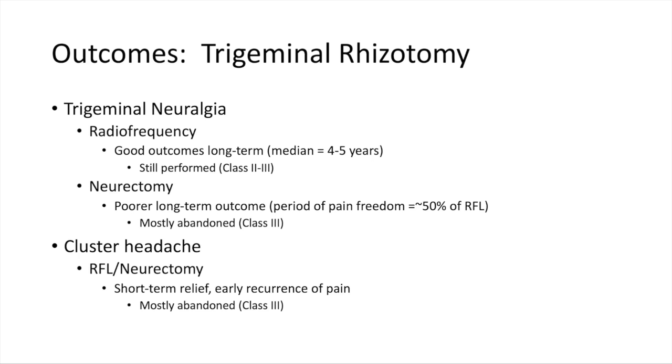In a large comparative study using glycerol and RF in multiple sclerosis-related TN and idiopathic TN, both procedures were effective, with a mean duration to recurrence of 26 months for idiopathic TN and 20 months for multiple sclerosis-related TN.